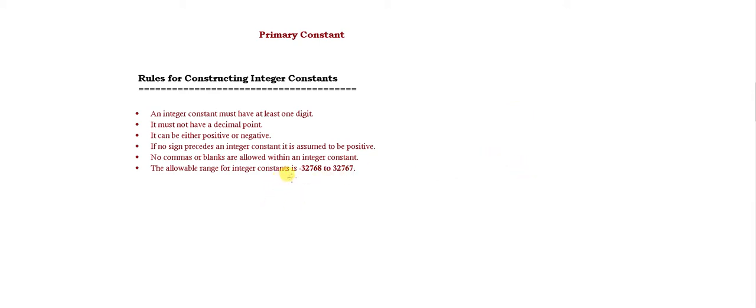And the range of the integer is from minus 32,768 to 32,767. If I am writing x equal to 2, is it allowed? Yes, because 2 falls in this range, between minus 32,768 and plus 32,767.